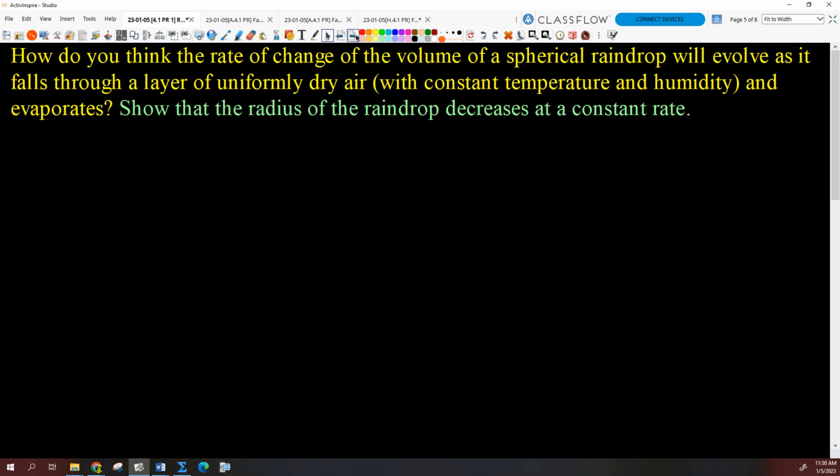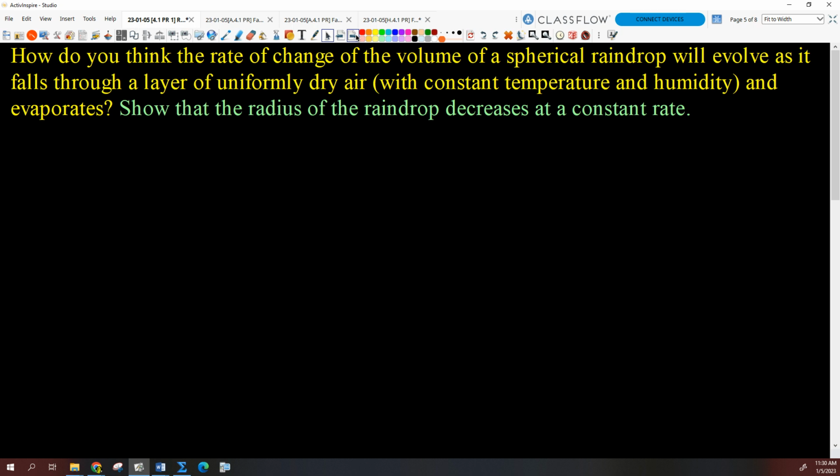All they're really telling us, they're implying, is that it's losing its volume through the surface of the raindrop. Okay. Would it stay the same if it's losing water through the surface when the raindrop is this big compared to when it's this big?